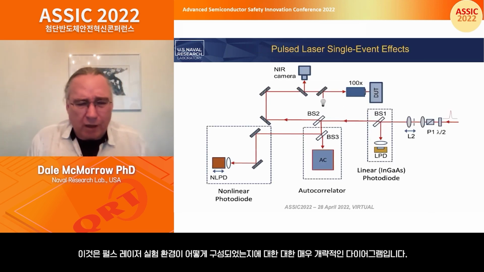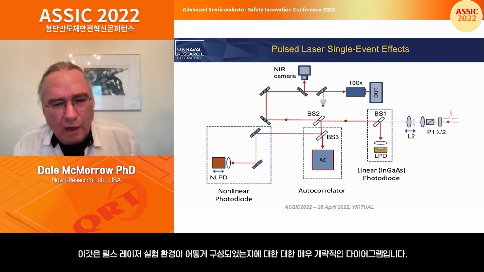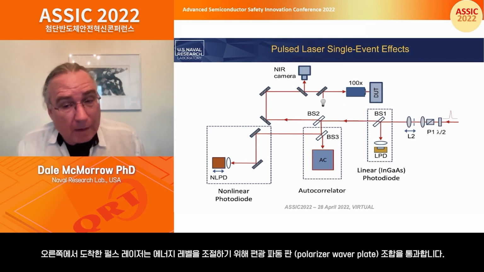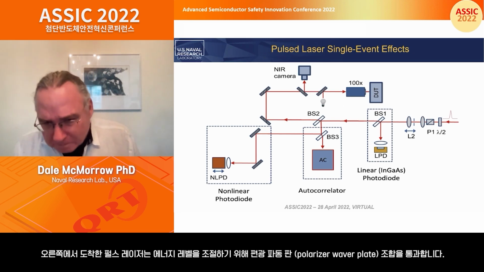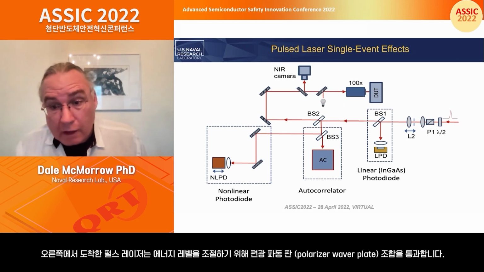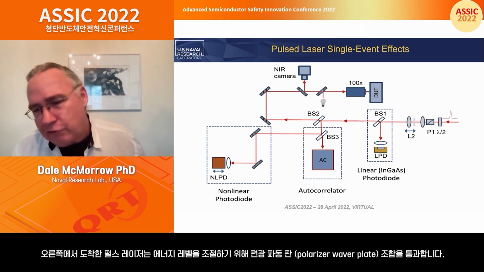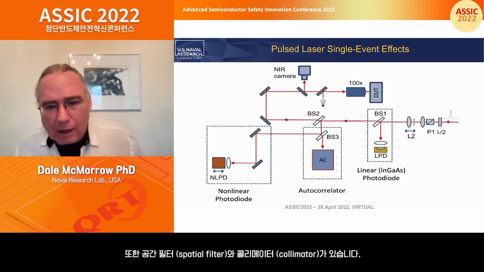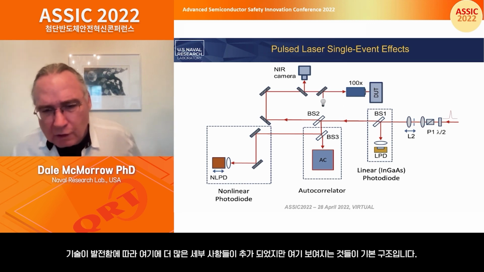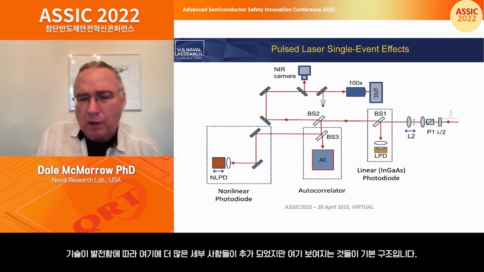Okay, this is a very crude diagram of what the experimental setup looks like. The pulse arrives from the right there. It goes through a polarizer waveplate combination to adjust the energy level. It goes through a spatial filter and a collimator. There's a lot more detail in here now as the technique has evolved, but this is basic.